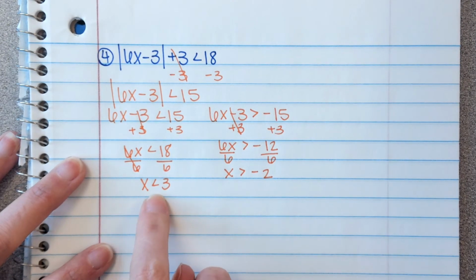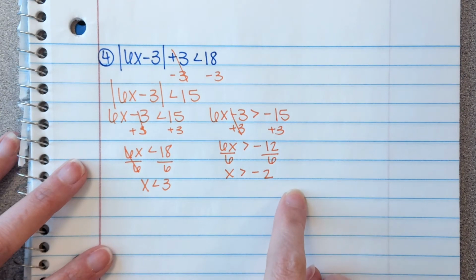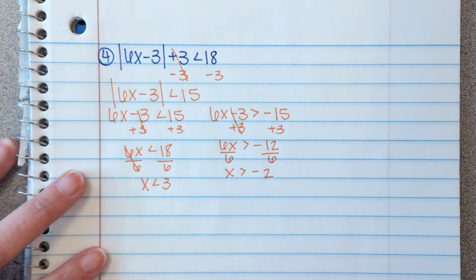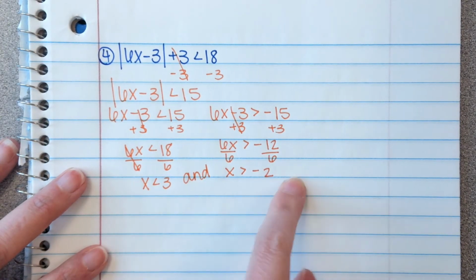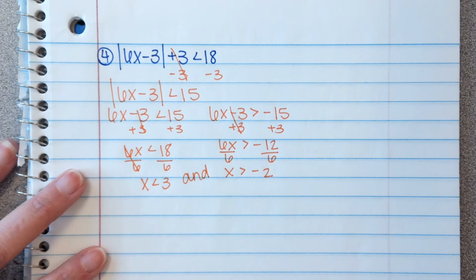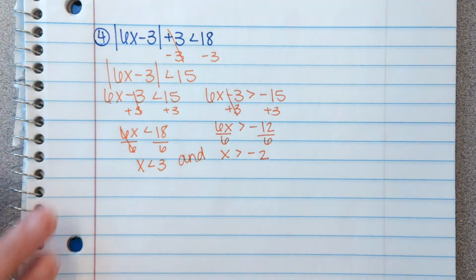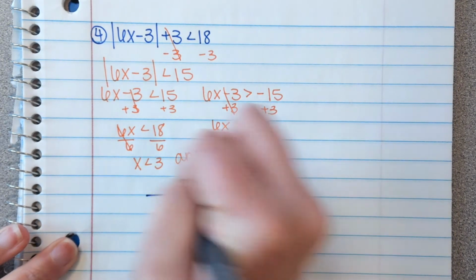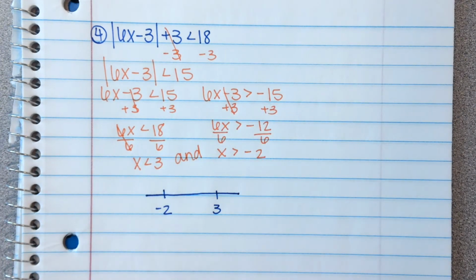All right, so we have x is less than 3 and greater than negative 2. So let's think about that. It's less than. If we go back to our list, less than means it's and. I think I forgot to do this in the last one, but I'm going to put the word and there so I know our graph should be squished together, our answer should be together. So what I'm going to do on this one is I'm going to come down and sketch out the number line. So I've got negative 2 and I've got a 3.